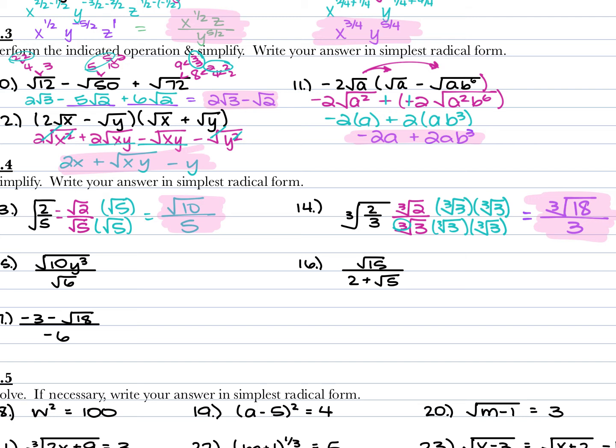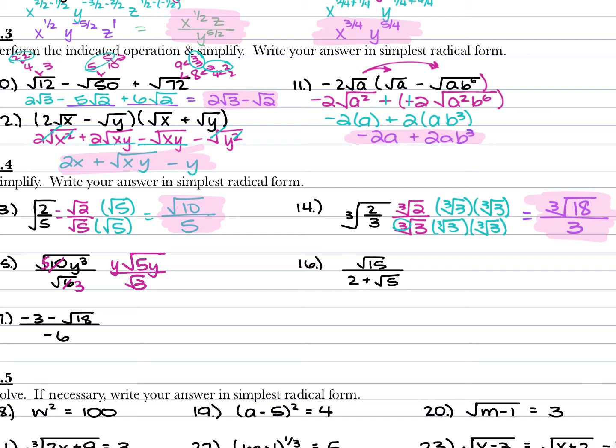For number 15, you have the square root of 10y cubed over the square root of 6. Your 10 and your 6 are both underneath the square root, so you can simplify them, and the 6 would just become a 3, the 10 would become a 5. You can also square root the y cubed, so you get y times the square root of 5y all over the square root of 3.